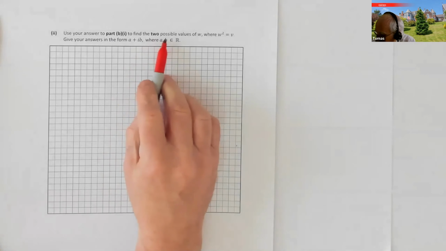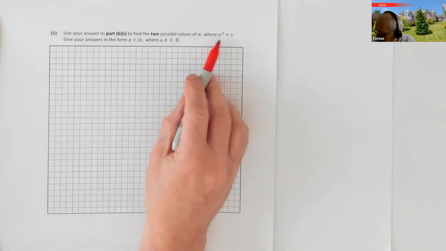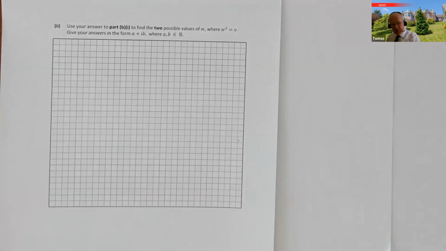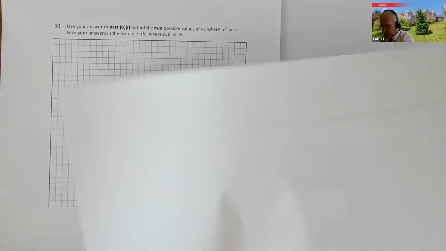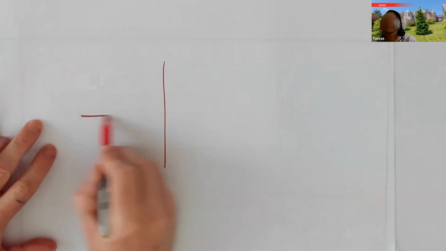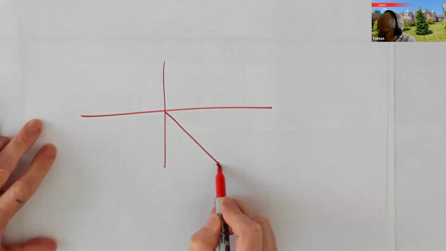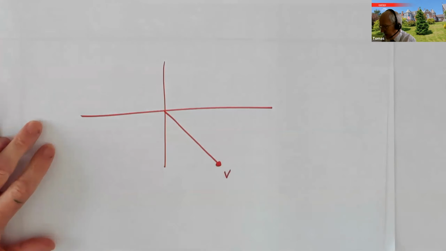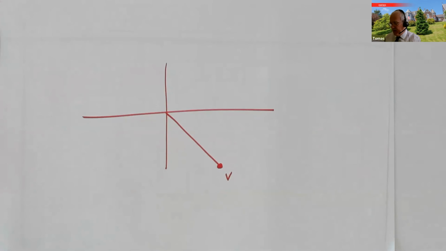Use your answer to find two possible values of w where w squared is v. So what they're saying here is, let's imagine that's the v you had, and you want to find out what are the two roots of that.